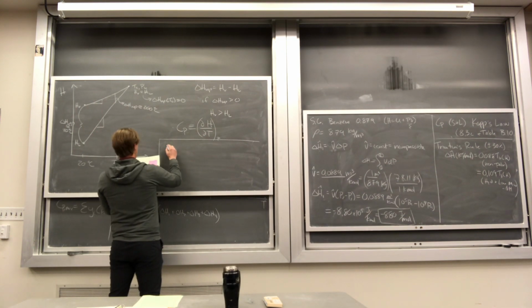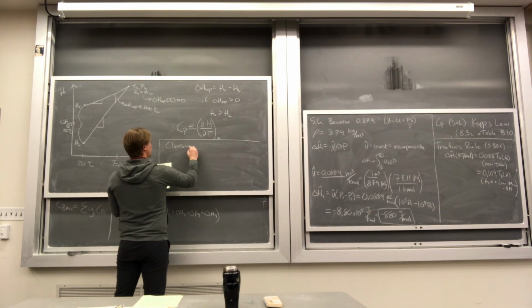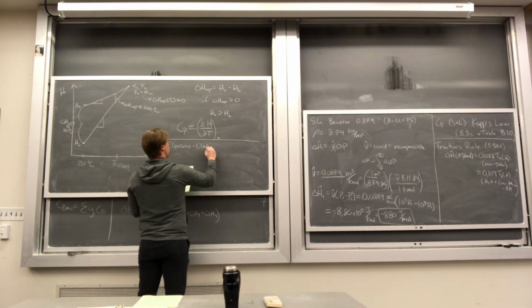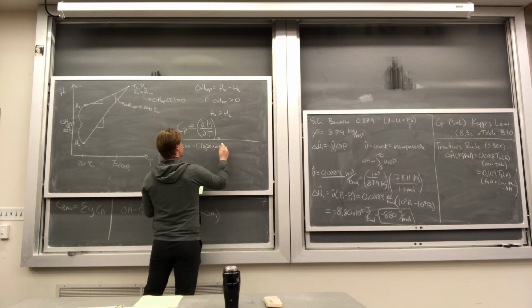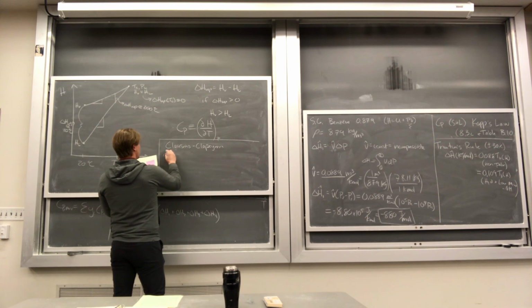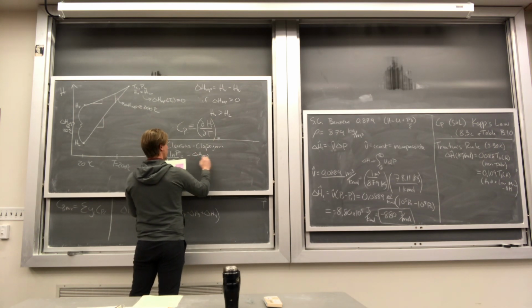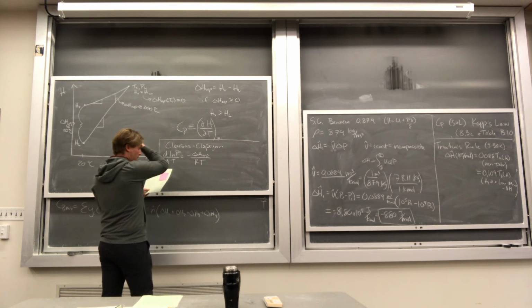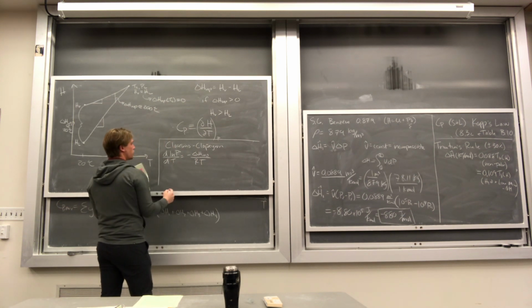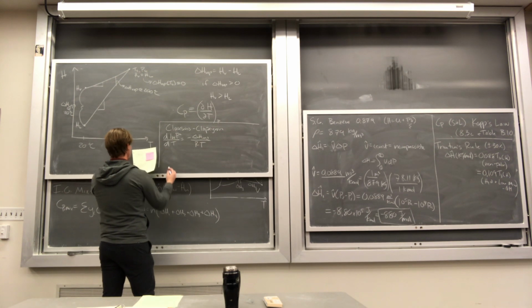So we have the Clausius-Clapeyron equation: d ln of the vapor pressure dT is equal to delta H of vaporization over RT squared. Now we can integrate this expression to make it a little bit easier for us to think about.